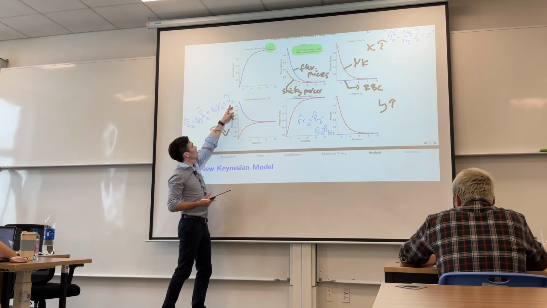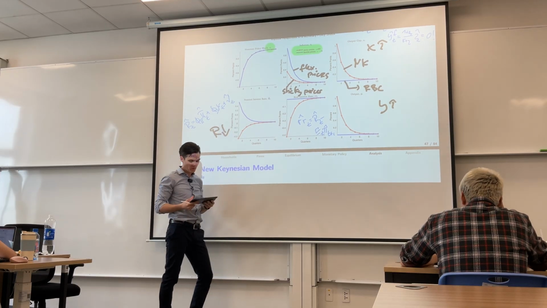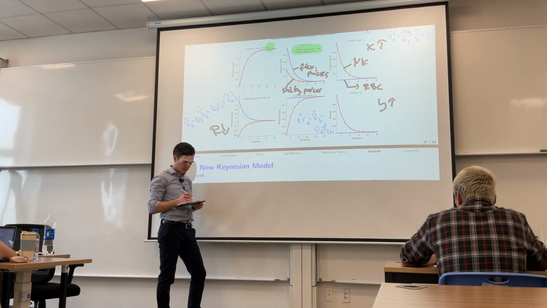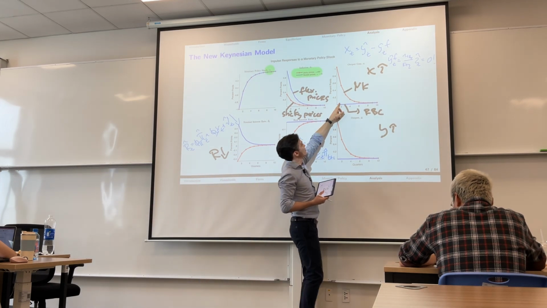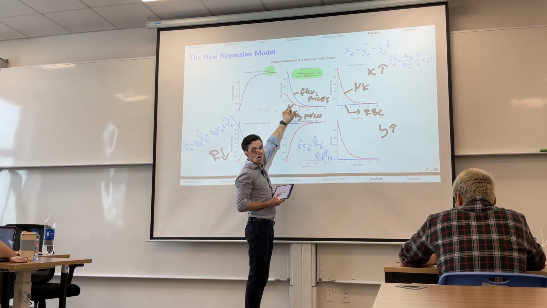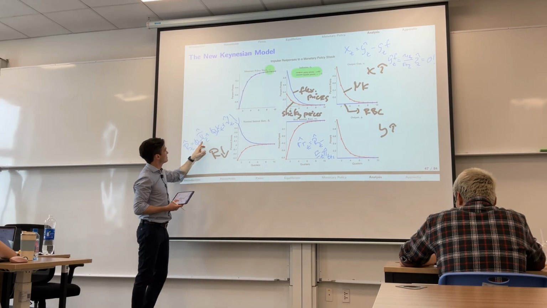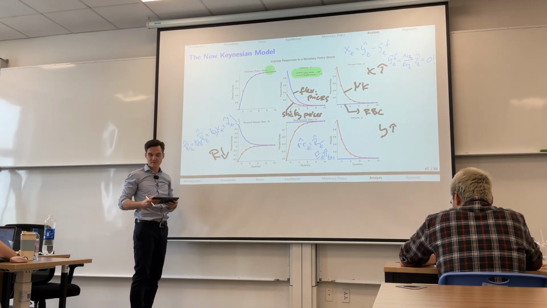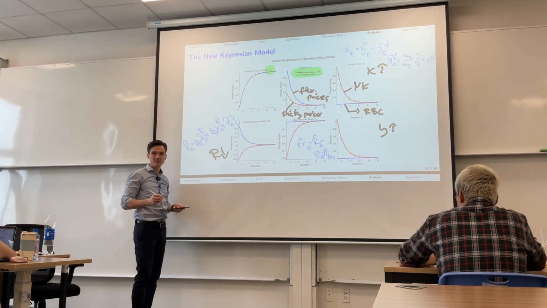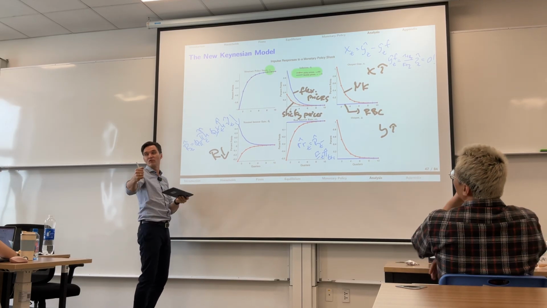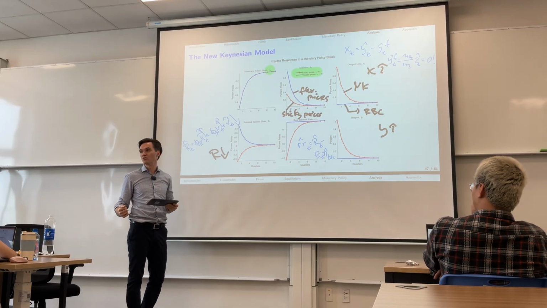This one is cut by 100 basis points. Okay? So this one goes down by 100 basis points. But as we see, because both the output gap and inflation go up, there are two objects in the Taylor rule that go in the opposite direction. So inflation goes up and the output gap goes up. Now it depends on the relative forces of those objects what the actual interest rate is doing.